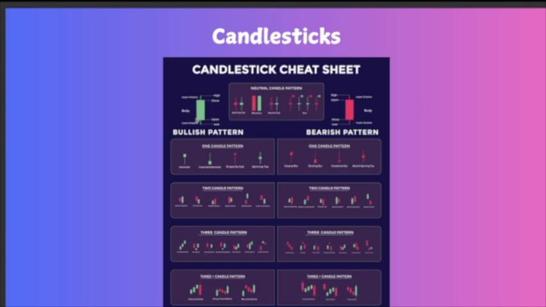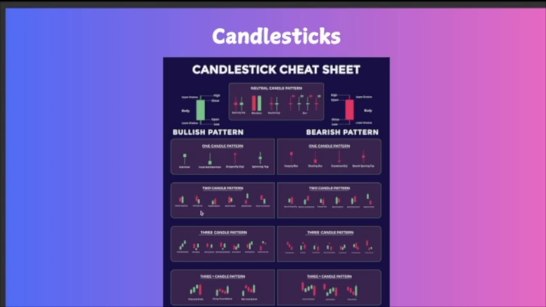Bull again is your buy candle, representing that we're going up. Bear is your sell candle, representing that we are going down. And then right here are a few other candles that are printed on the charts.